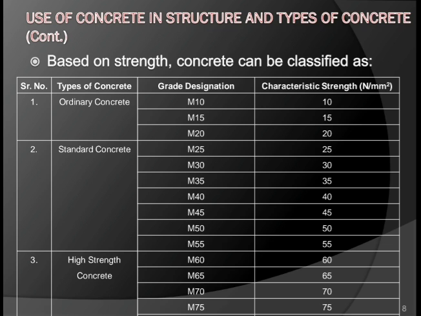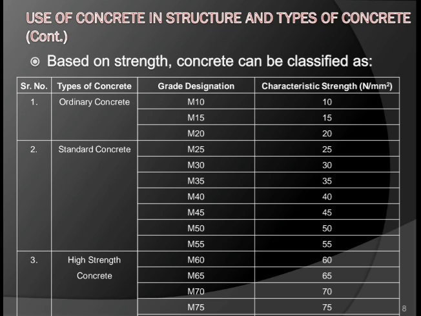Now where it is used: ordinary concrete M10, M15 grade is used in pervious concrete, where the coarse aggregate quantity is very less, then mortar also in plastering work, right? Then that strength is very less. Standard concrete, M25, 20, 30 grade, is used in building construction of beam, column, foundation.